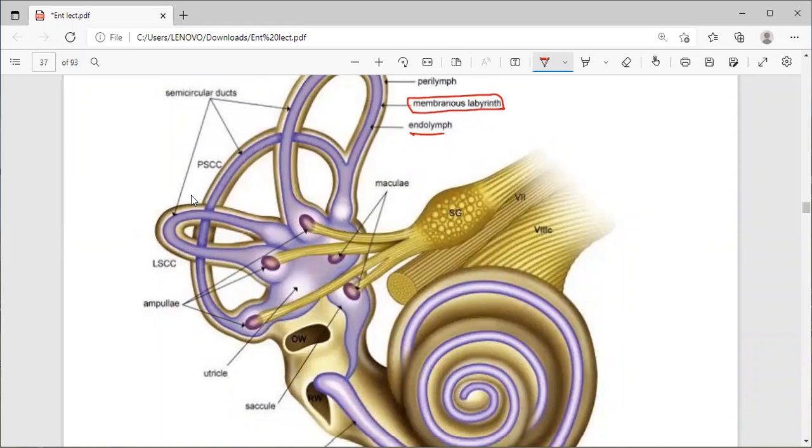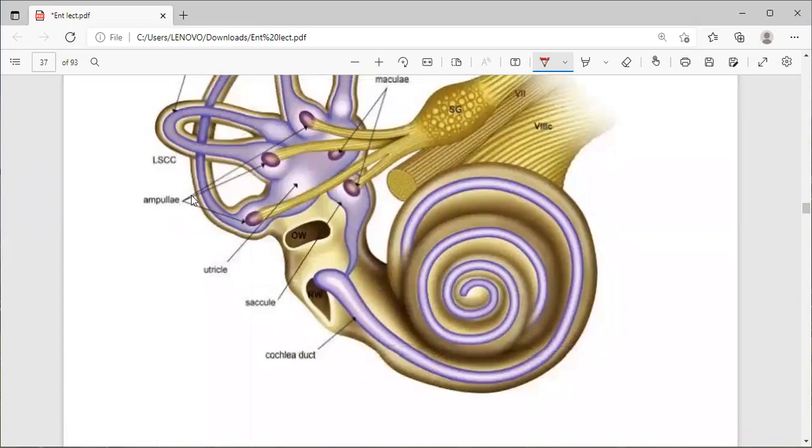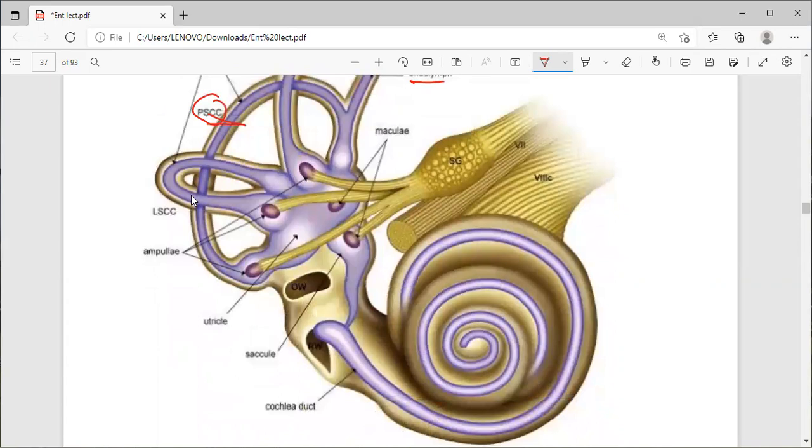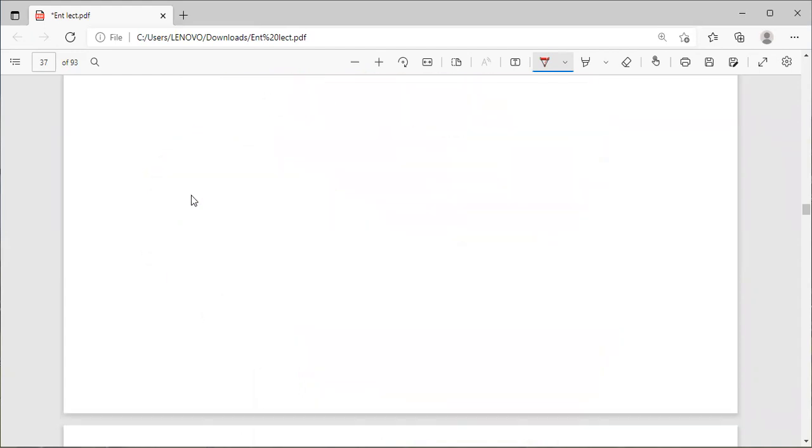This is the posterior semicircular canal, which is very important. So this is also a part of the labyrinth. And you can see here, this is a cochlear duct, this is a saccule, and this is the utricle. This utricle is very important in benign positional vertigo.